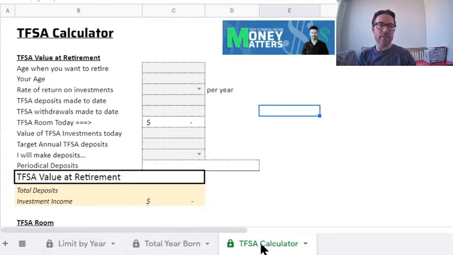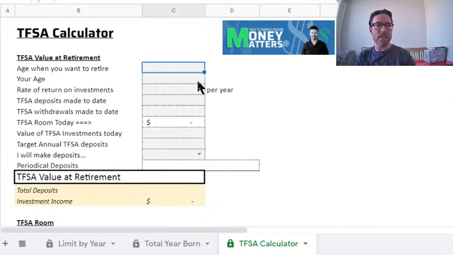The calculator is here, it's the last tab. It's designed to gather a few pieces of information, and based on that information, it will give you the amount of money that you will have at retirement. It'll also flag if you probably over contributed, and it'll give you an idea also of how much you need to put on a periodical basis in order to use up the room today.